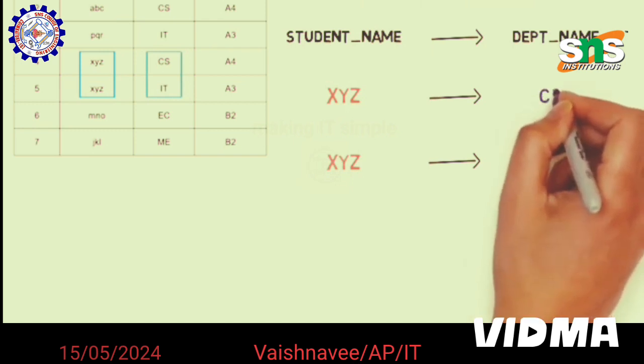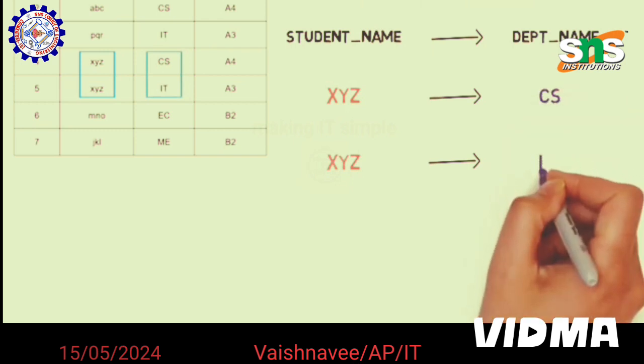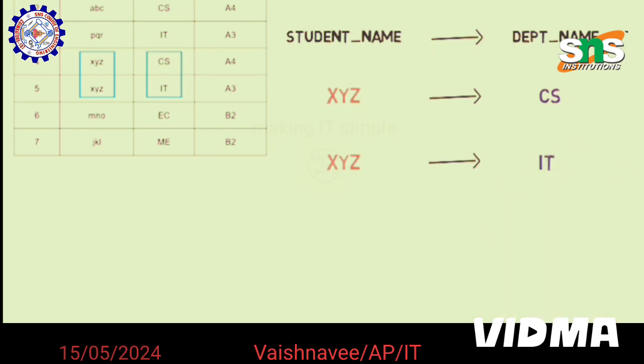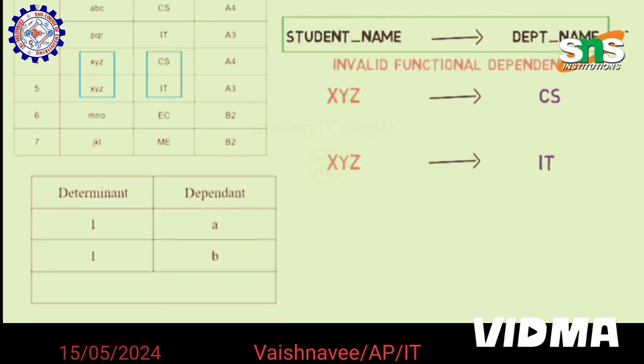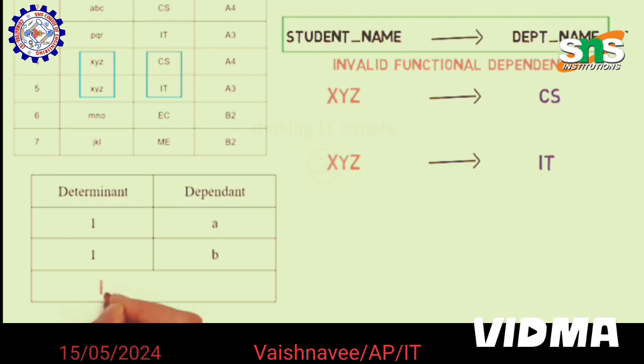Now let us consider the fourth and last case. Here let us consider the functional dependency: student name determines department name. In the student name attribute, we have redundancy like X, Y, Z. Two students have the same name. So if I ask you to tell me the department name of student X, Y, Z, you will find two different answers for it.